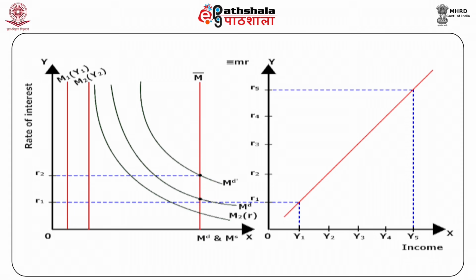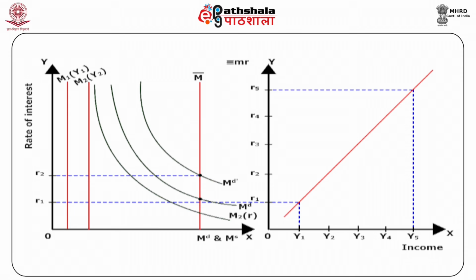But for our purpose, just 2 points would suffice: the relationship between R1 and Y1, and similarly the relationship between R5, which is a high rate of interest, and Y5, which is a high level of income. Therefore, you would observe that the LM function is upward sloping.